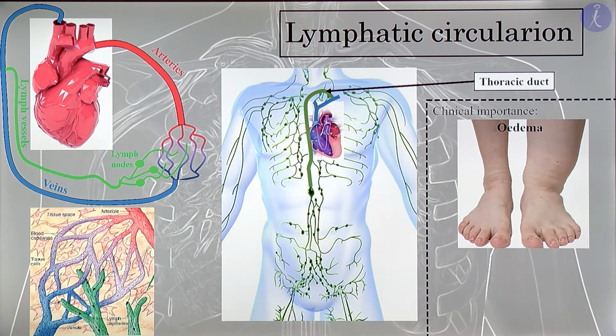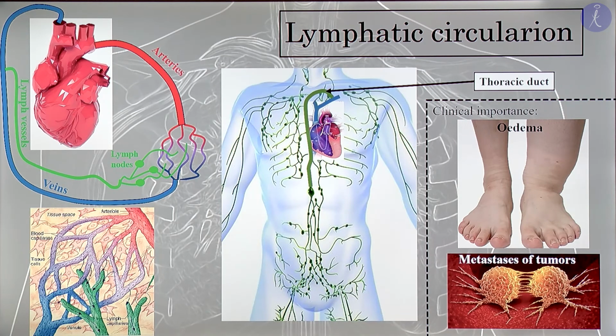This is what we call edema. And second, maybe even more important, that the tumors create metastasis through the way of lymphatic circulation. But as I told you about this circulation, you will hear again in another lecture.